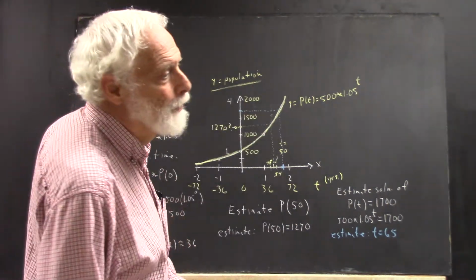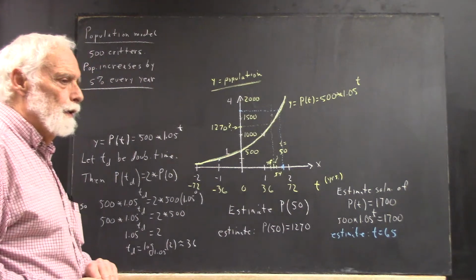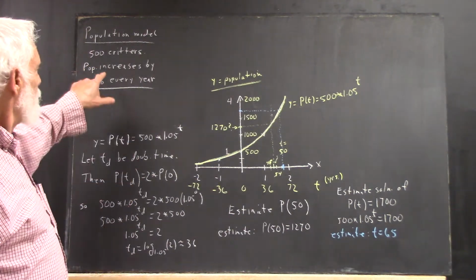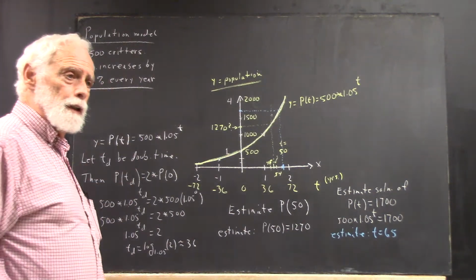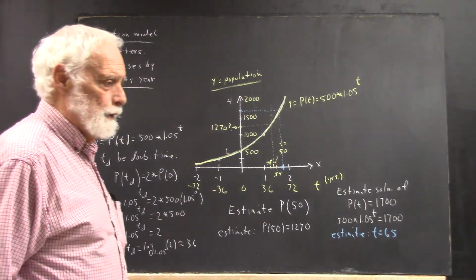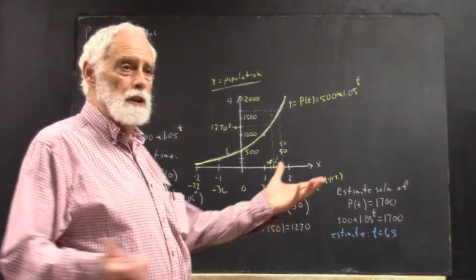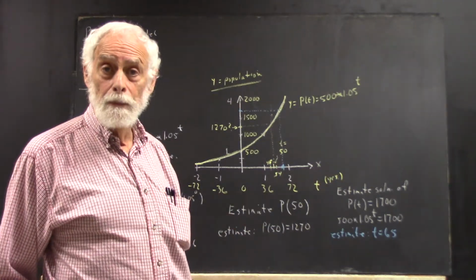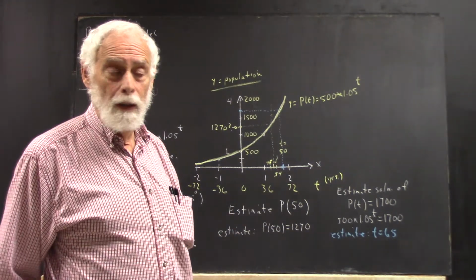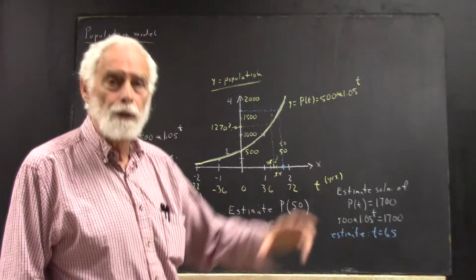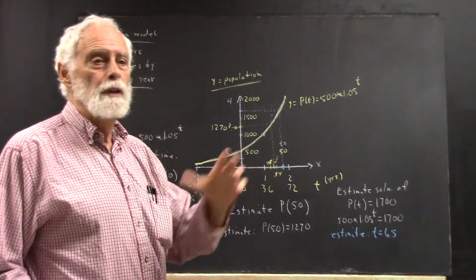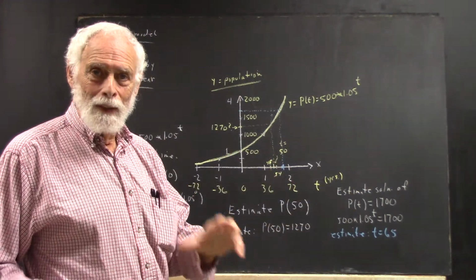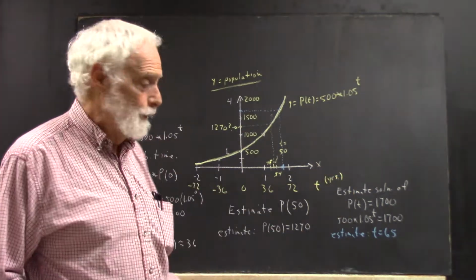Let's say one of the reasons the population of these critters is only growing by 5% a year is that we kill 5% of the population every year, and they're reproducing at a rate that still allows them to grow at 5%, or maybe we kill off 10%, still allowing them to grow by 5%.